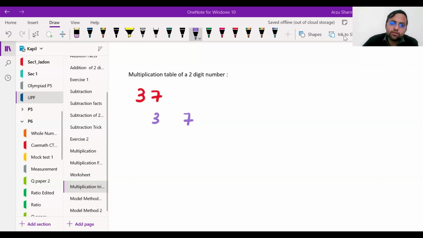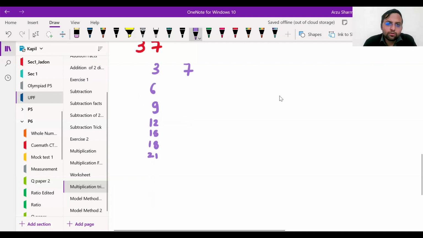Multiples of 3: the first multiple is 3 itself, then 3 times 2 is 6, that's the second multiple. Then 9, 12, 15, 18, 21, 24, 27, and 30. We'll write the first 10 multiples.